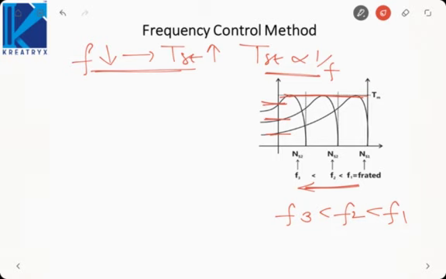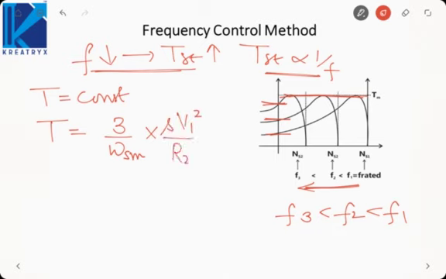Now, as I told you, the most desirable characteristics are those in which the torque is maintained constant. So let us assume that the torque is constant. In the operating region, torque is given as 3 by omega Sm into V1 square S by R2.